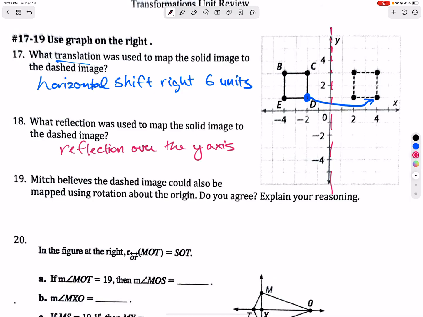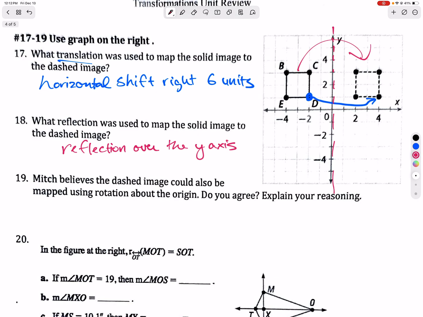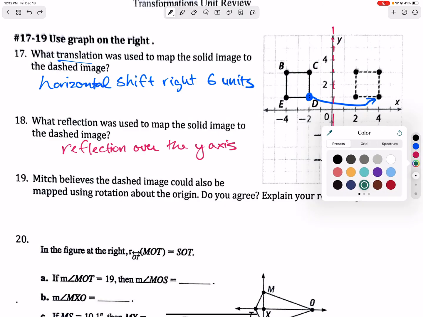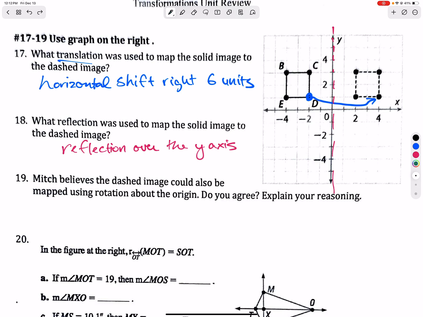Mitch believes that the dashed image could also be mapped by using a rotation about the origin. Do we agree? So if we rotate this, and you turn your paper, it's going to be oriented up here. It's not going to be. I do not agree.